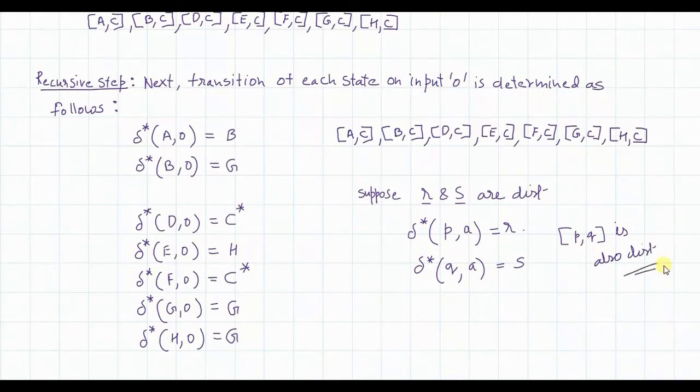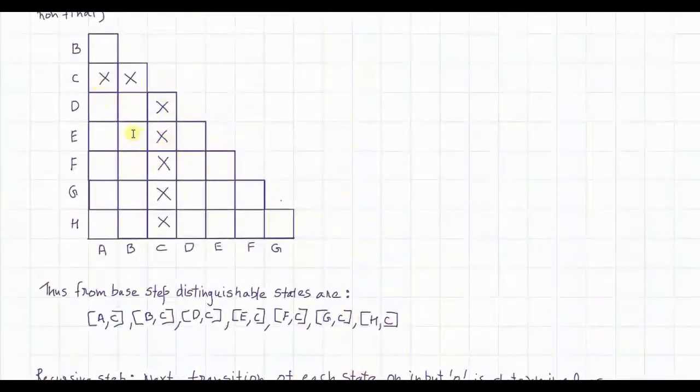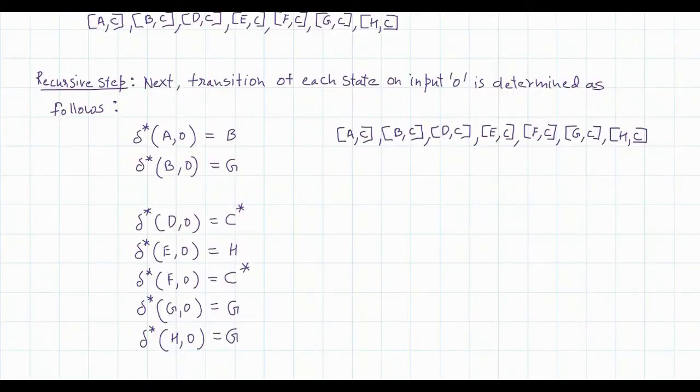In this step, we are going to find out which are the other distinguishable states apart from the base states that we have got, and as we get them, we are going to add them here and also mark them in the table. Are you going to consider each of these combinations? No. What you do is you see the right hand side of the equal to.